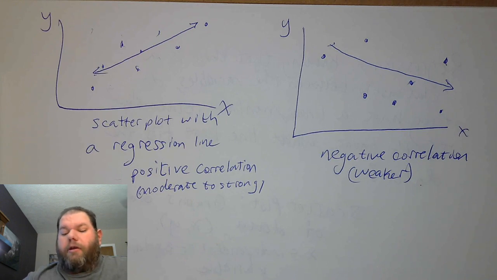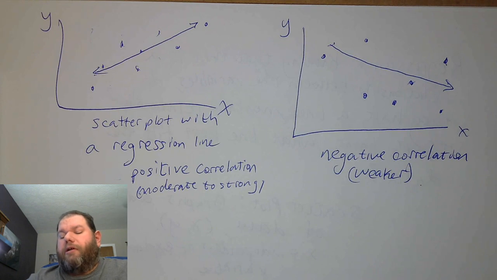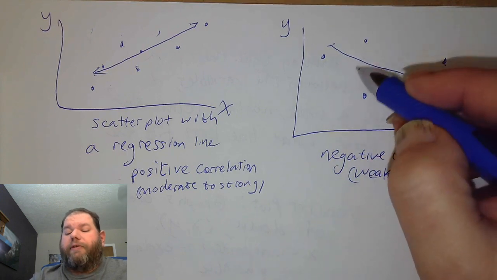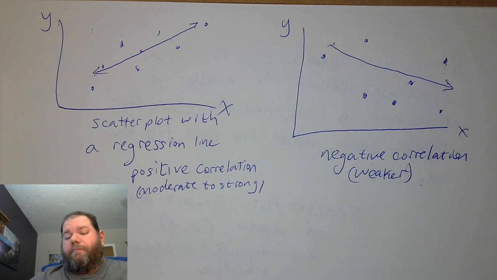In fact, the way that we calculate this line is based on what we call a least squares approach. And this is well beyond what we need to cover. So, least squares means, on average, what line can we create such that the distance from each point to this line, the square of that distance, is minimized.